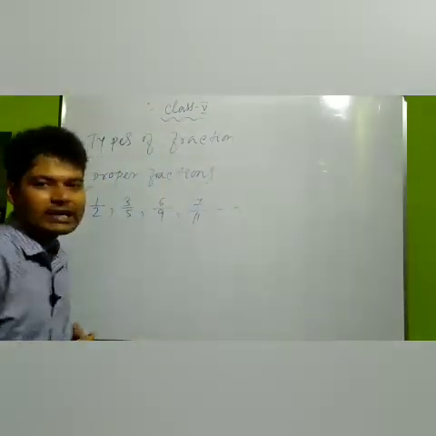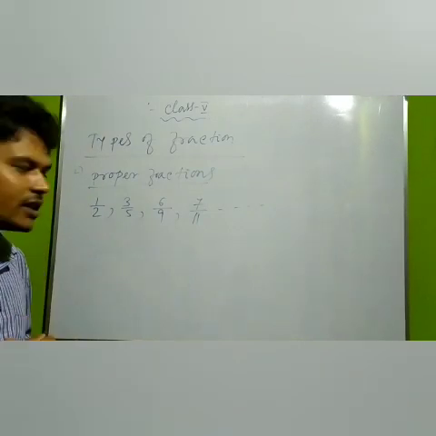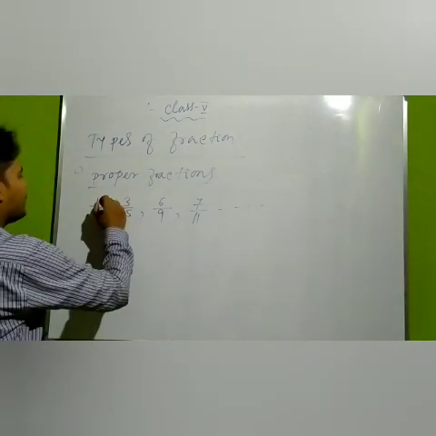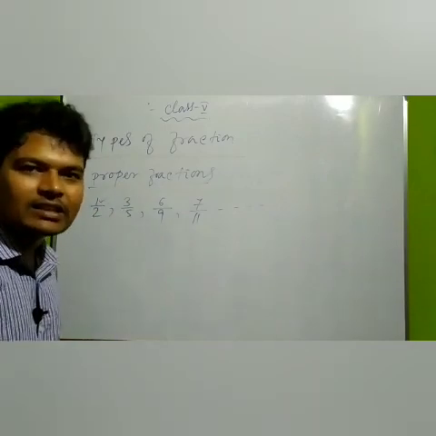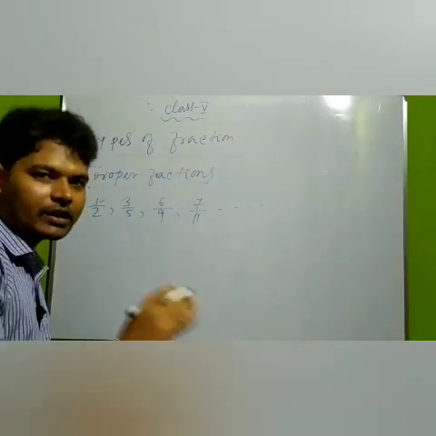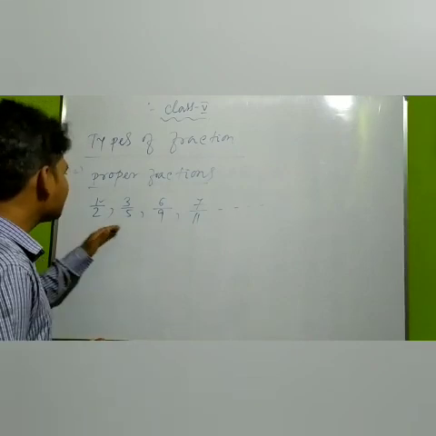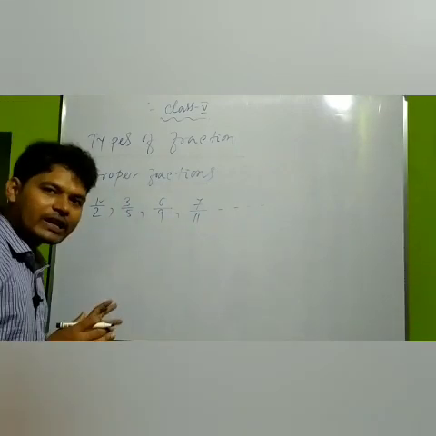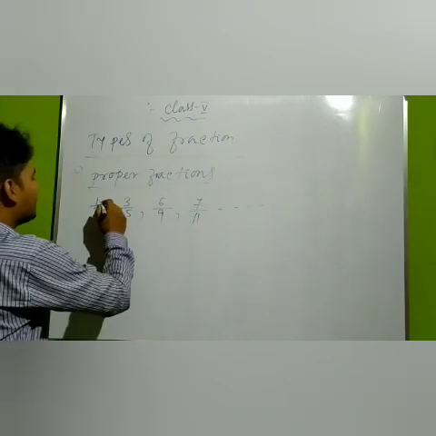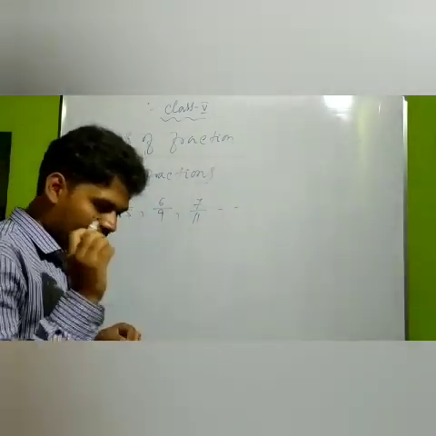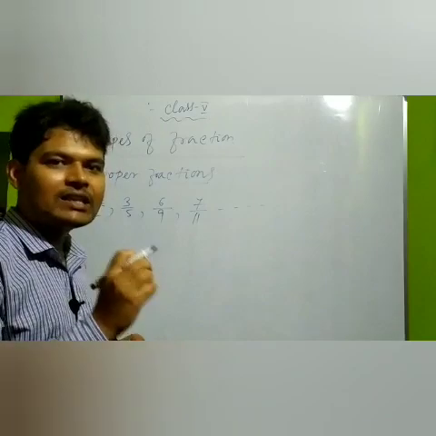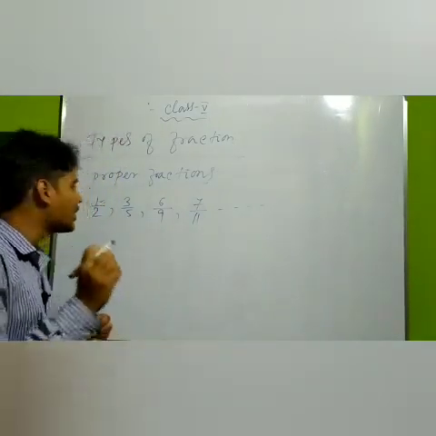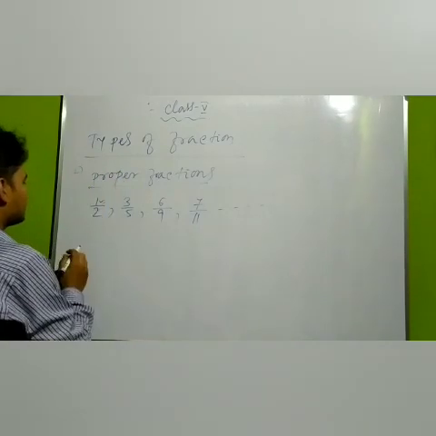These type of fractions are called proper fraction. Why? Because in this type of fraction the value of the numerator is less than the denominator. Those fractions in which the value of the numerator is less than the denominator, these type of fractions are called proper fractions.